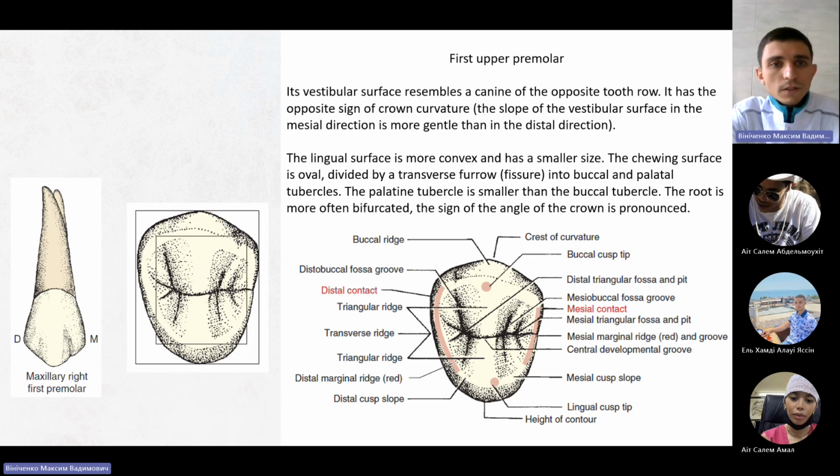The lingual surface is more convex and has a smaller size. The chewing surface is oval, divided by a transverse furrow or fissure into buccal and palatal tubercles. The palatine tubercle is smaller than the buccal tubercle. The root is more often bifurcated. The sign of the angle of the crown is pronounced.